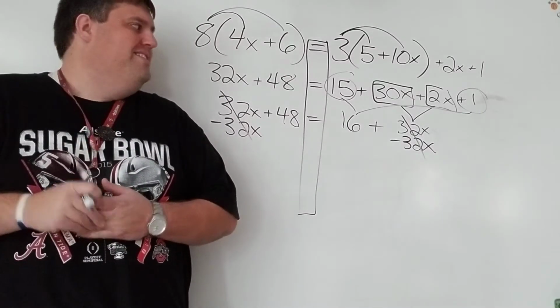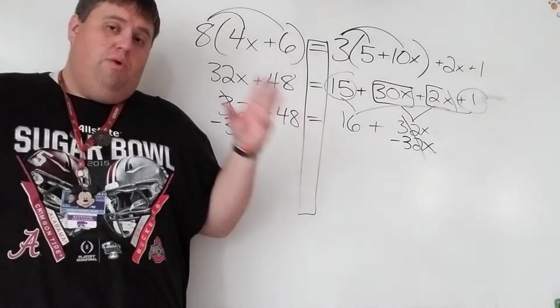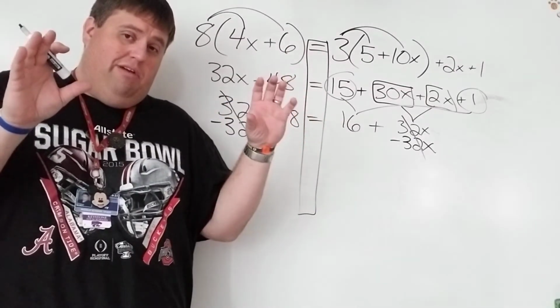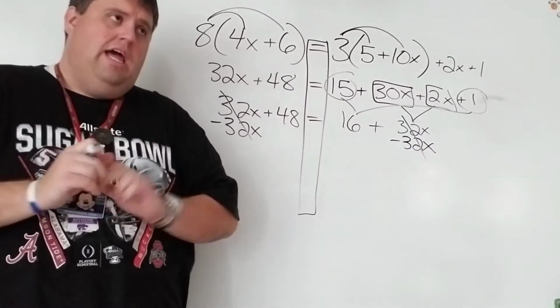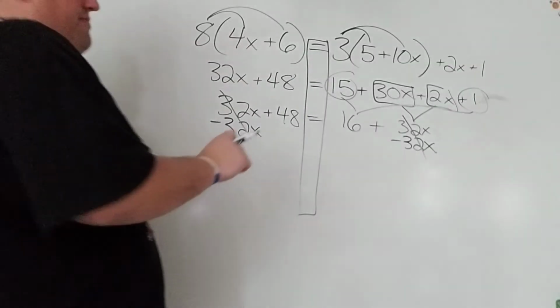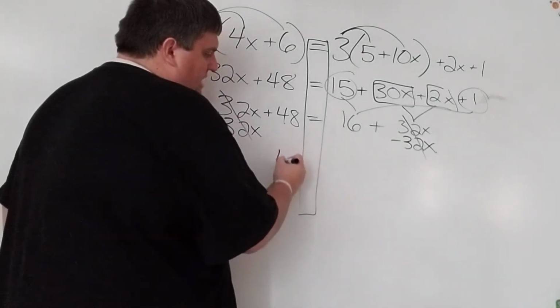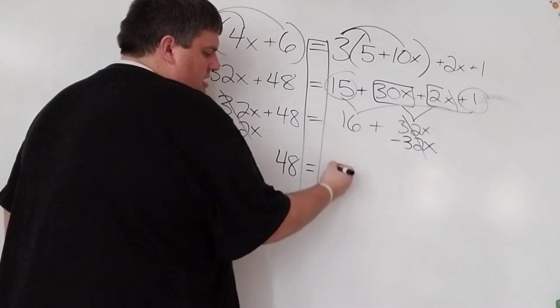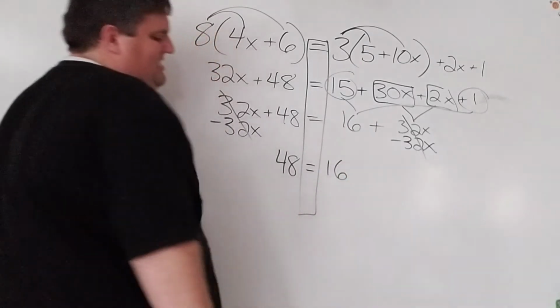So what you're going to find is that sometimes when I get rid of an x on one side, it's also going to get rid of the x on the other side. And that can trigger 2 special cases we're going to talk about. To figure out which one it is, we need to look at what we have left. Over here on this left side, we have 48. Over here on this right side, we have 16.